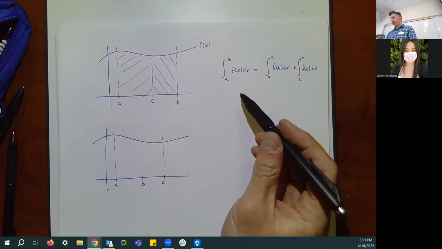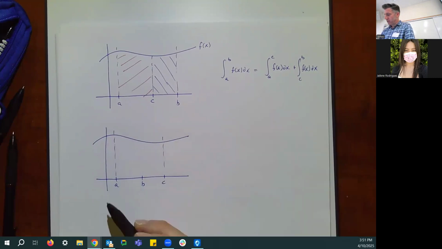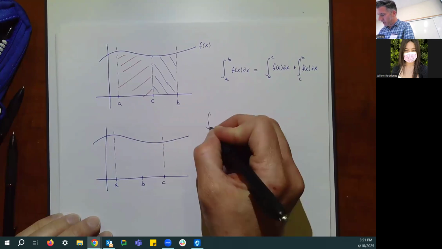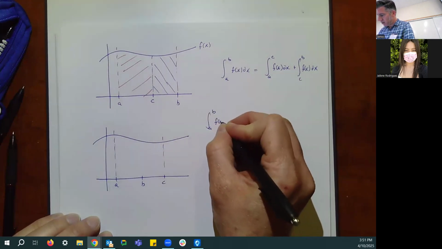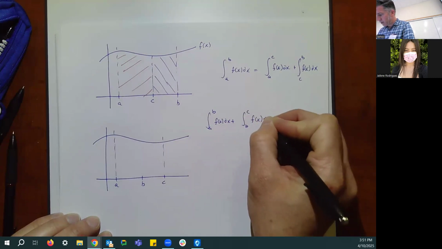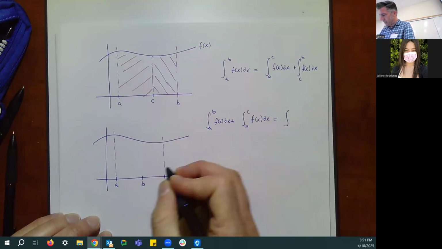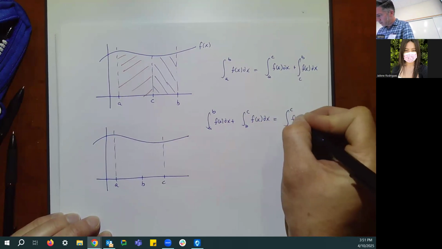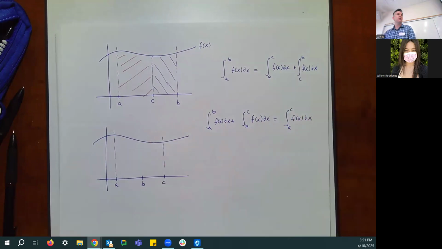Let's start out by writing a more normal statement. I'm going to write the integral from A to B plus the integral from B to C is equal to the integral from A to C. Everyone good so far? It's the same thing, just written with different letters.